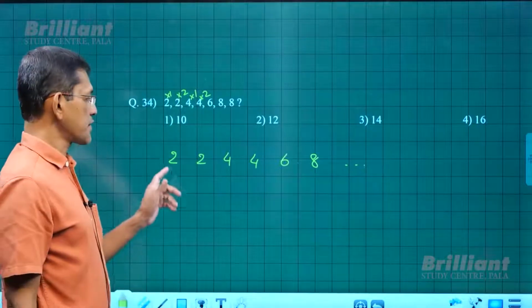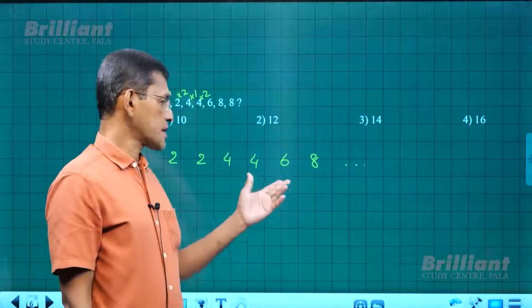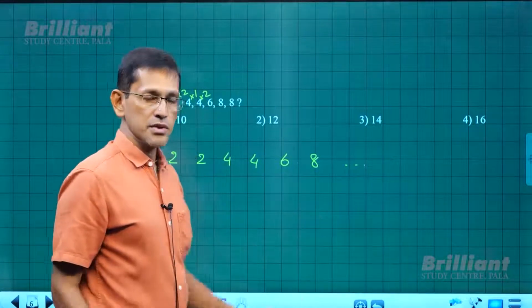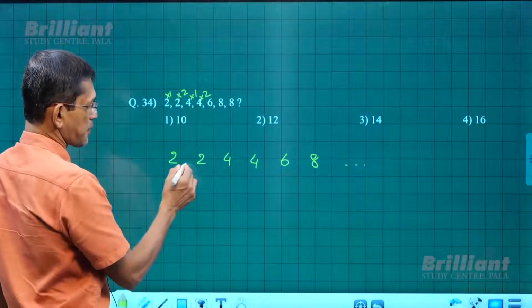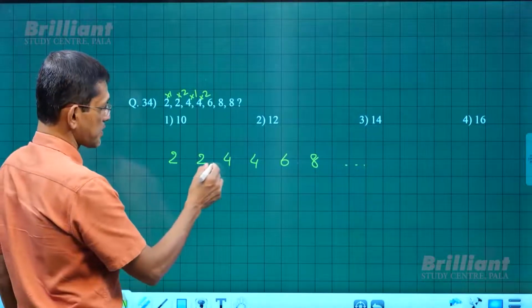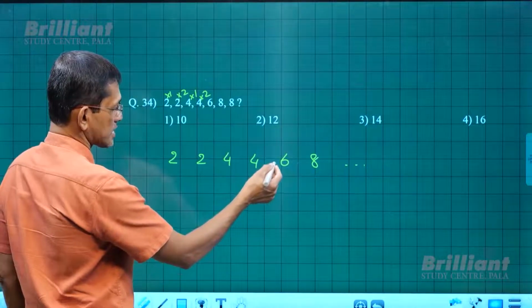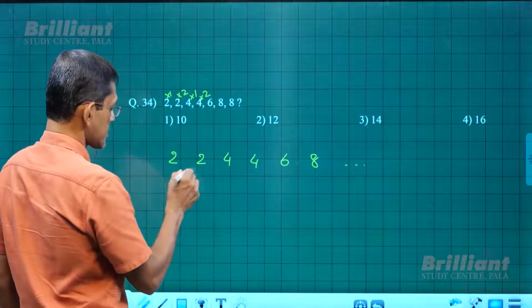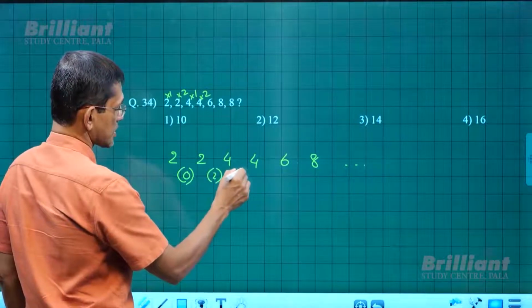So with these kinds of confusing numbers, if you have like 2 repeated, 4 repeated, you may think of some kind of pattern in between, like 2 plus 0 is 2, then 2 plus 2 is 4, 4 plus 0, then plus 2, then plus 0 again.